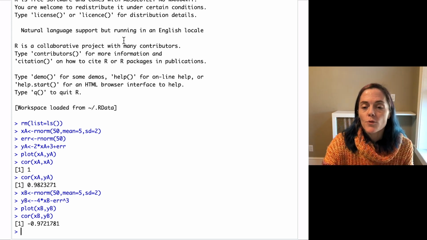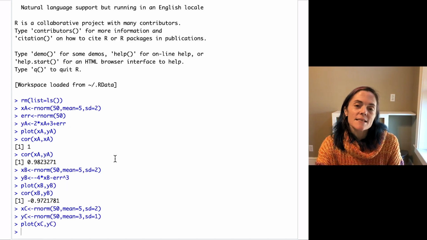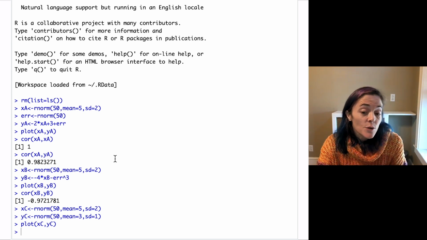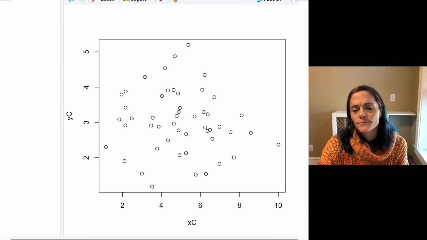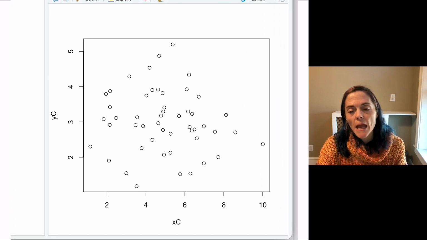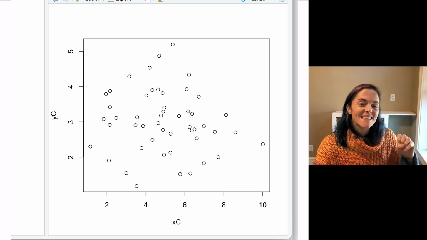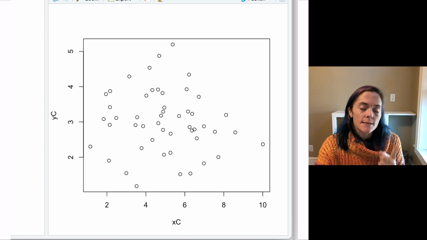Okay, example number 3. This time, X and Y are independent random samples from two different normal distributions. Well, here's the picture. Now we know from theory, if you have independent capital X and capital Y, the correlation coefficient is 0.